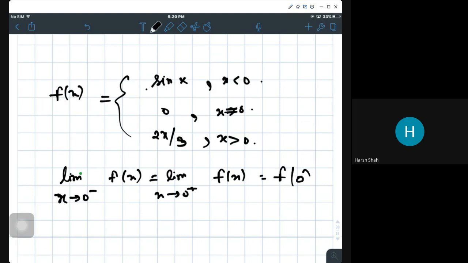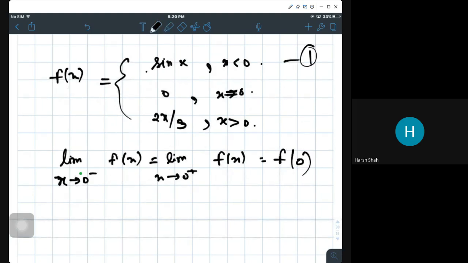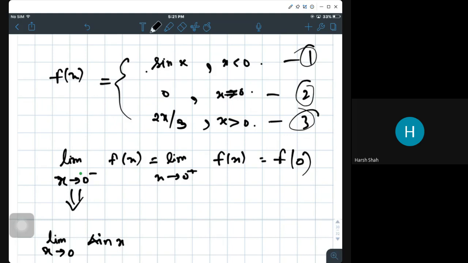Now which function definition will I use in the first part? Will it be 1? Will it be 2? Will it be 3? For this part, the first function definition, so I'll get limit sine x, x tends to 0. Now I can remove the minus sign because I know the definition I'm using.